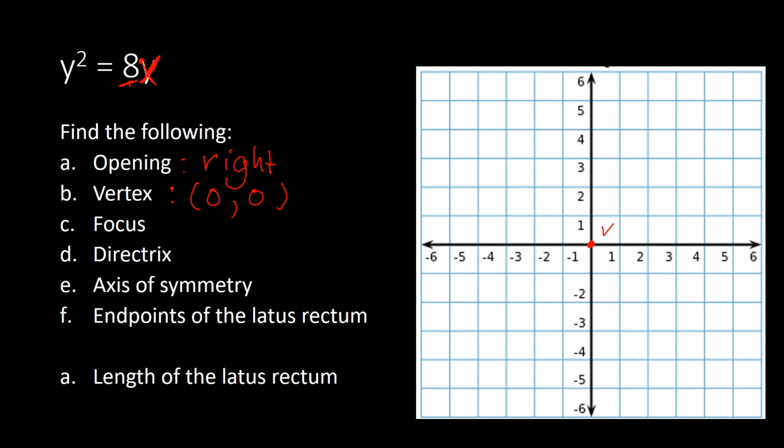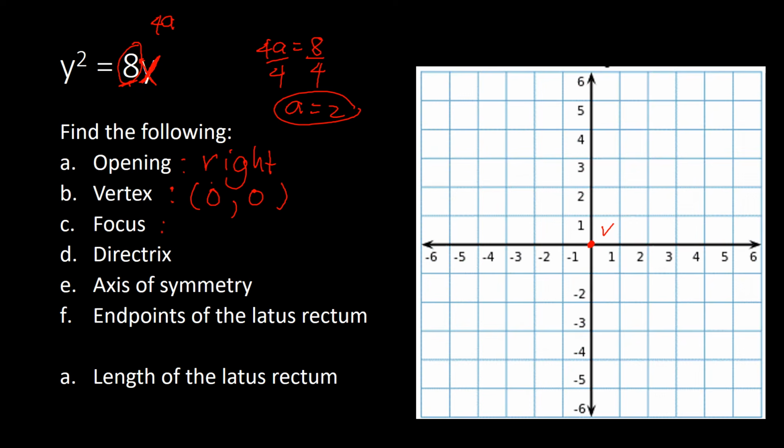Now, next one on the focus, we always find our a. So based on this one, this should be our a. I mean, not a, but the 4a. So 4a is equal to 8. So divide that 1 by 4. And so with this one, our a is 2. So since a is 2, we are going to count the number of units.